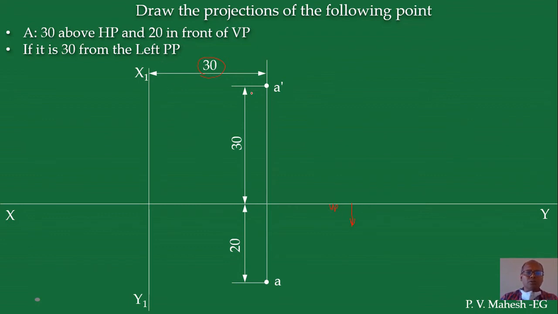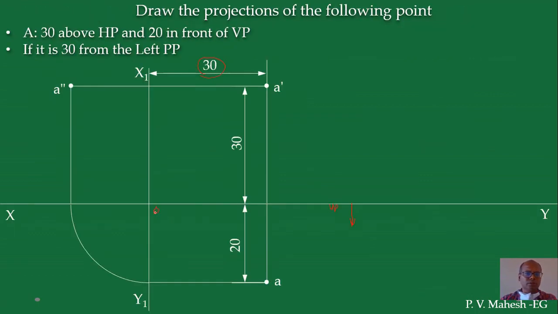Now what we have to do? We have to draw a locus line from here to here, and a locus line from here to here. So a locus line is there, and with O as center and this distance as radius, you draw an arc, you will get a point here.